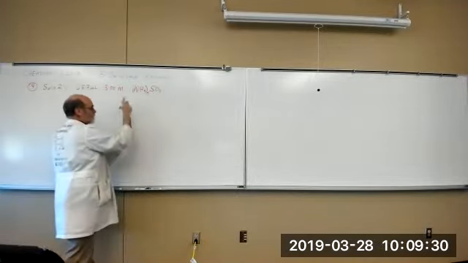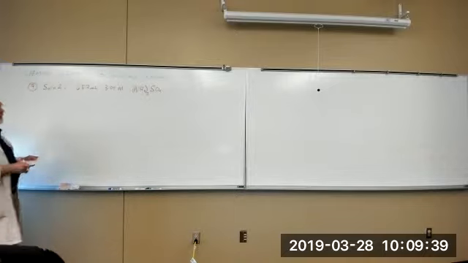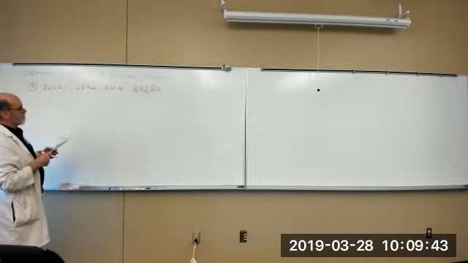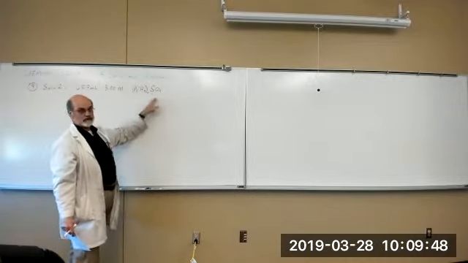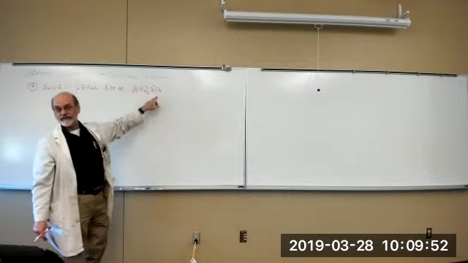So, assuming you can write that correctly, now the question is, in solution, what's the concentration of ions? First of all, how many ions do you get out of this? For each one of these units, you get 2 here and 1 there. So you get 3 for the price of 1.